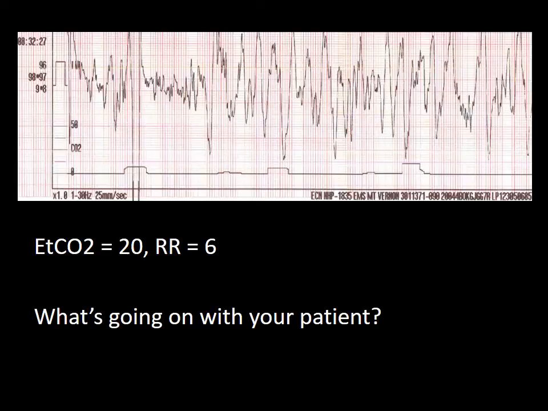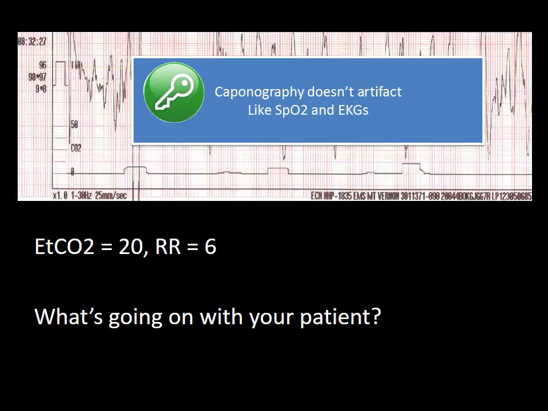So we get a lot of muscular artifact with the seizure, and then you can see that the patient is not really ventilating very effectively. So what do we need to do for this patient? We need to assist their ventilation as best we can while they're having a seizure. At the very least, protect them.